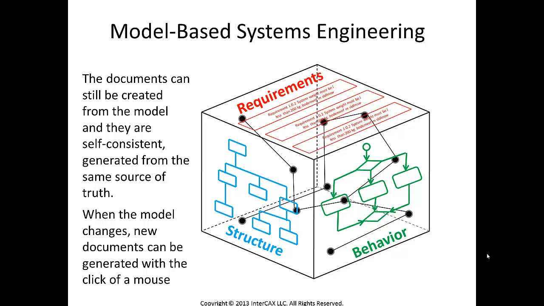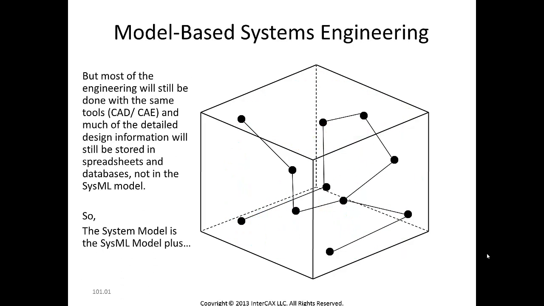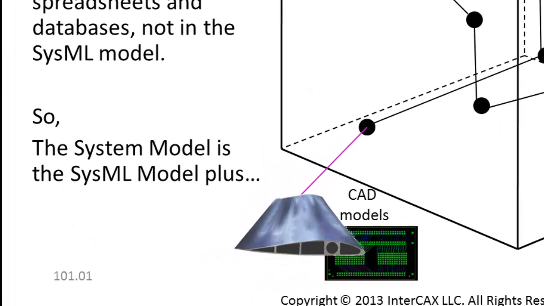SysML, the Systems Modeling Language, is a part of creating such a single system model, but it is only a part. If we think of that SysML model and all of its elements, each element is likely to be connected to another model in a different engineering tool. For example, a structural element might be connected to a CAD model.